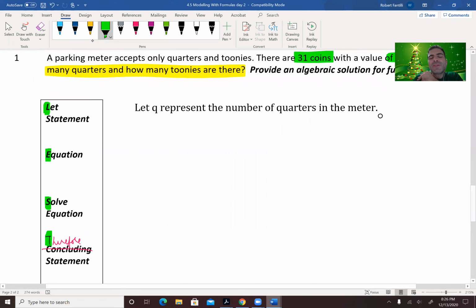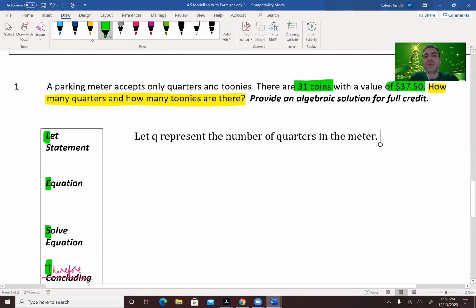If I told you there were 29 toonies, you say, well, if there's 31 coins total and 29 of them are toonies, then there's only 2 coins left. Those got to be the quarters, 2 quarters, right? That makes sense.